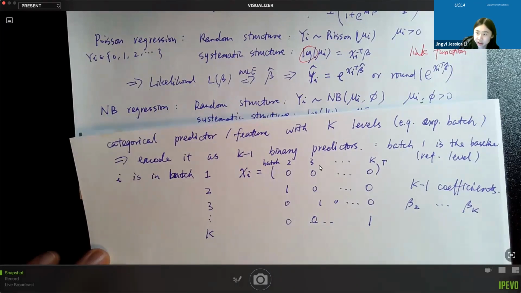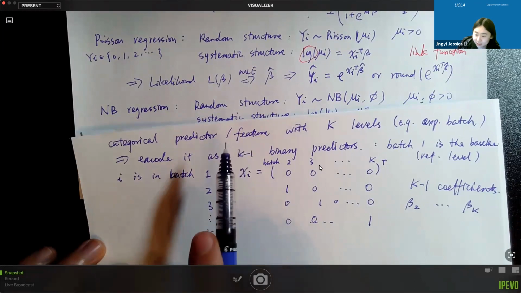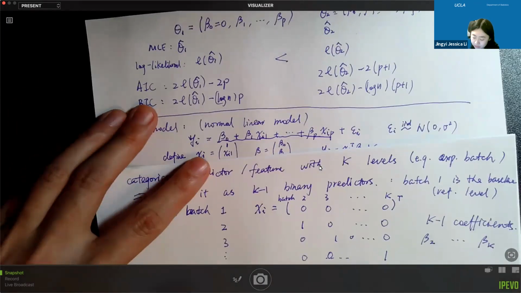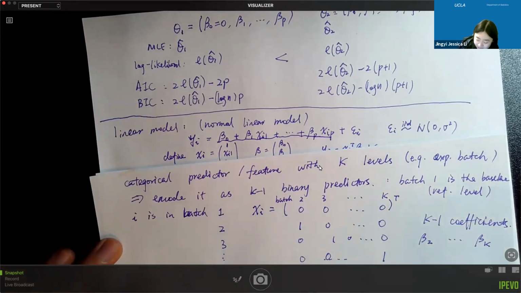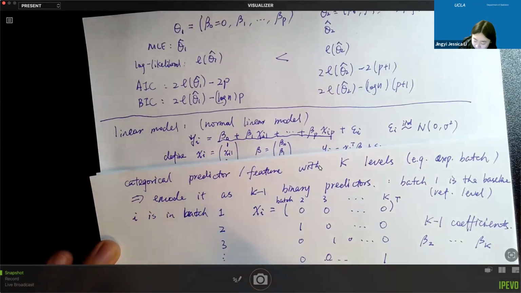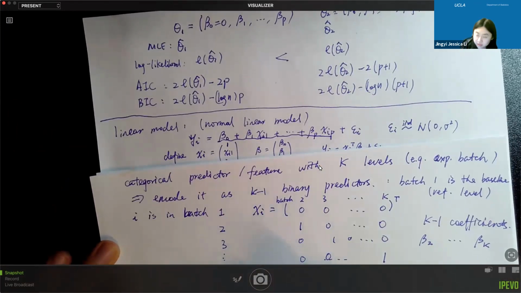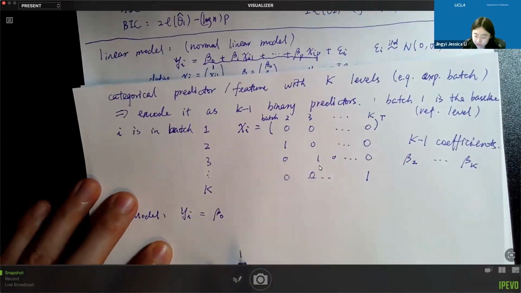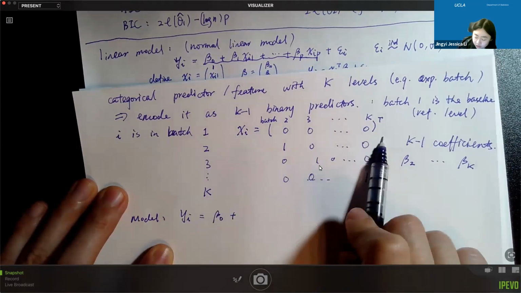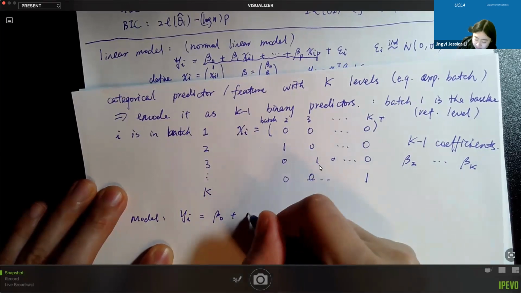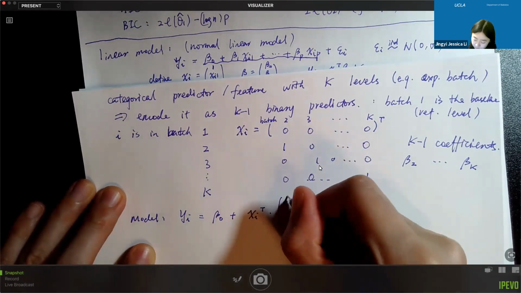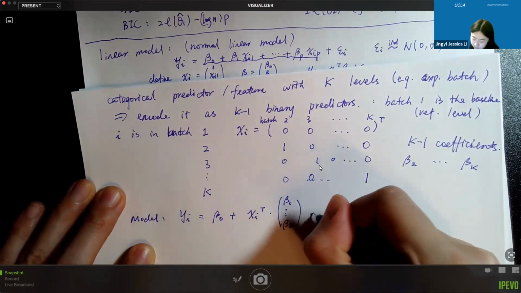Assuming I only have this one predictor in my model, I can write the linear model as y_i equals beta 0, the intercept for the baseline, plus x_i transpose, this row vector, times beta 2 to beta k, plus epsilon_i.